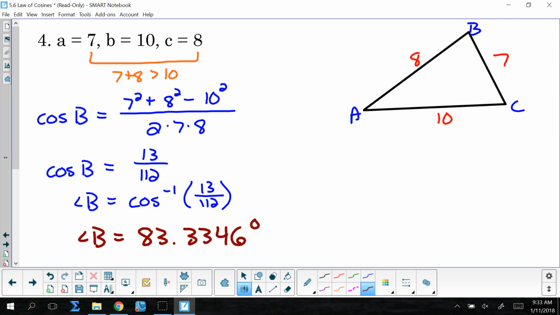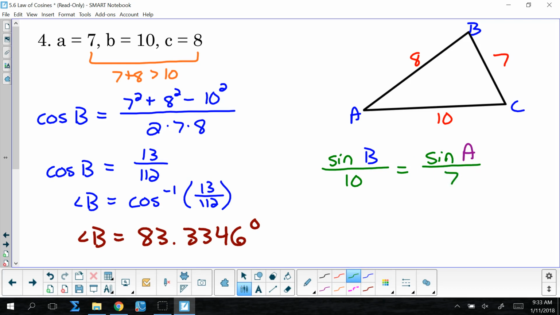Okay? So now I have that. Now let's go to the law of sines. I would go for angle A now. The sine of angle B divided by 10 is going to equal the sine of angle A divided by 7.